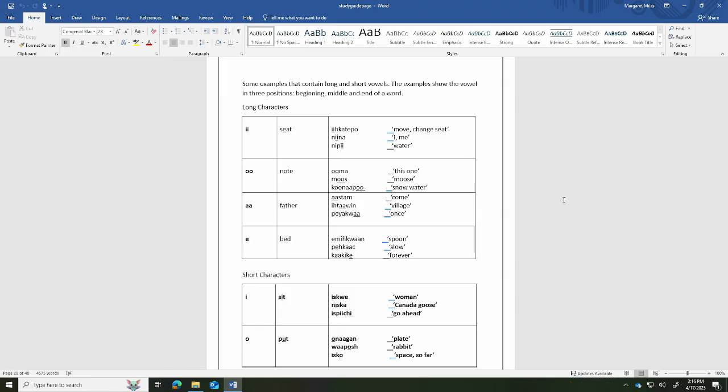Wabask, polar bear. Egwa, meaning and or so.